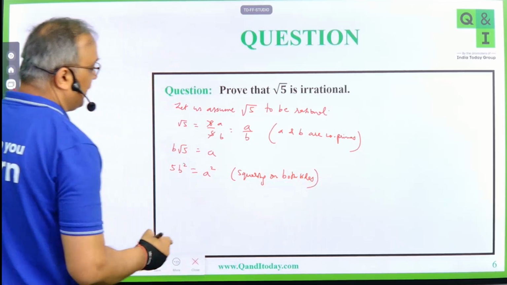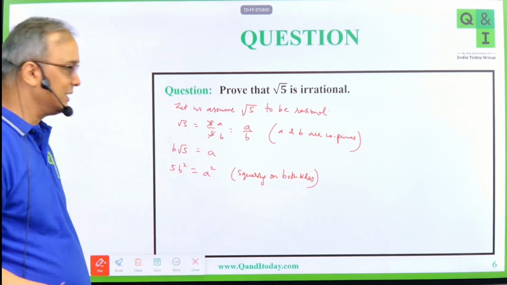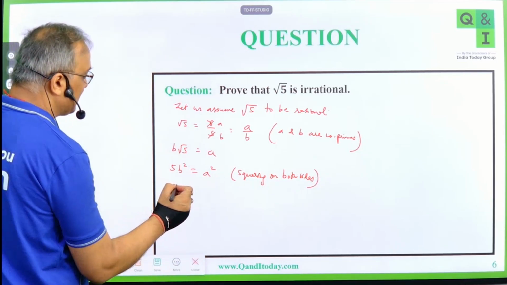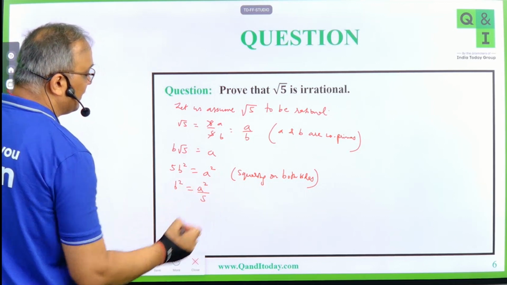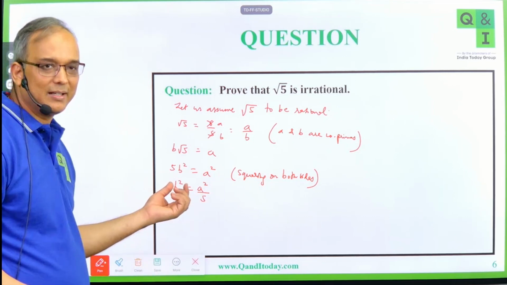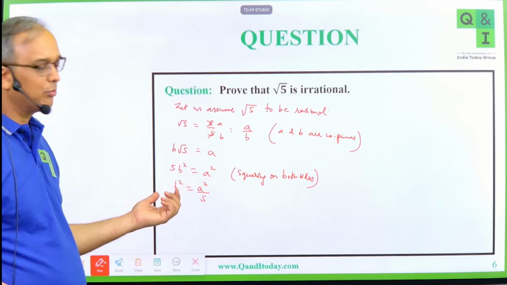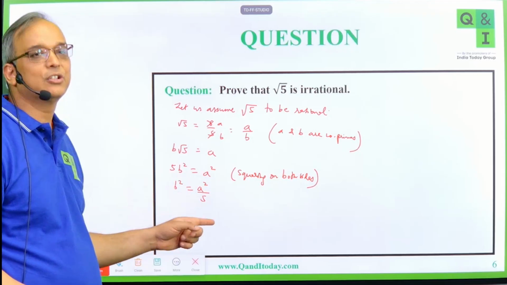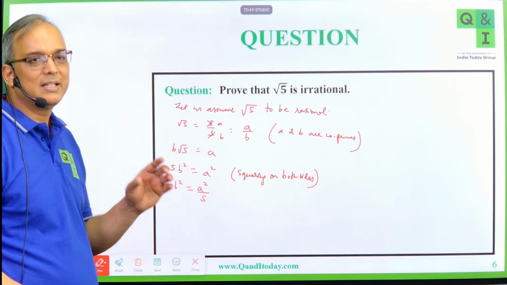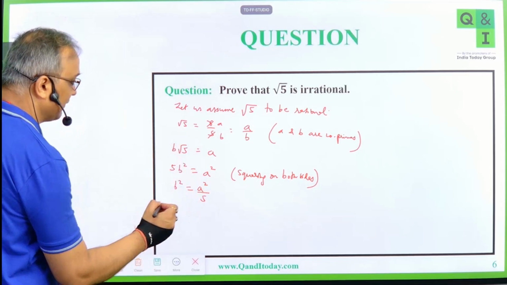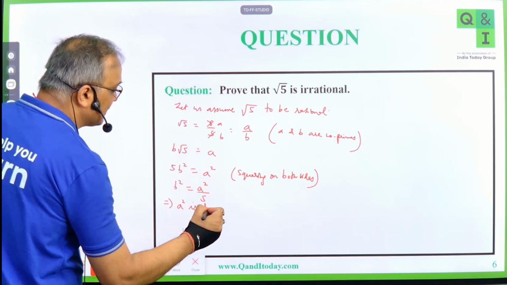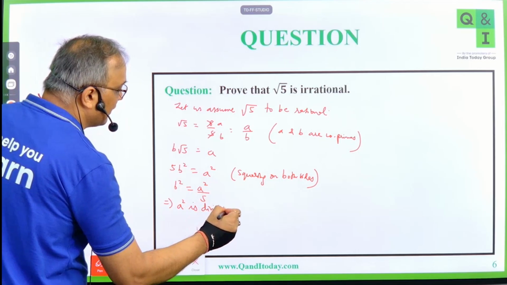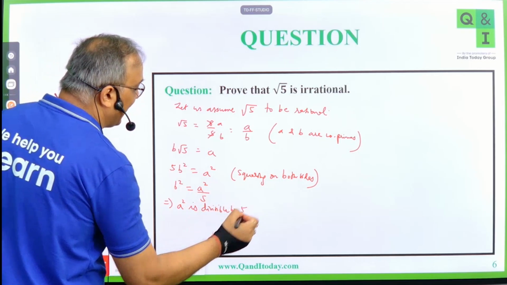Once you have got 5b square is equal to a square, that means b square is equal to a square by 5. Since b is an integer, b square will also be an integer, and a square by 5 is also an integer. So that means a square is divisible by 5.